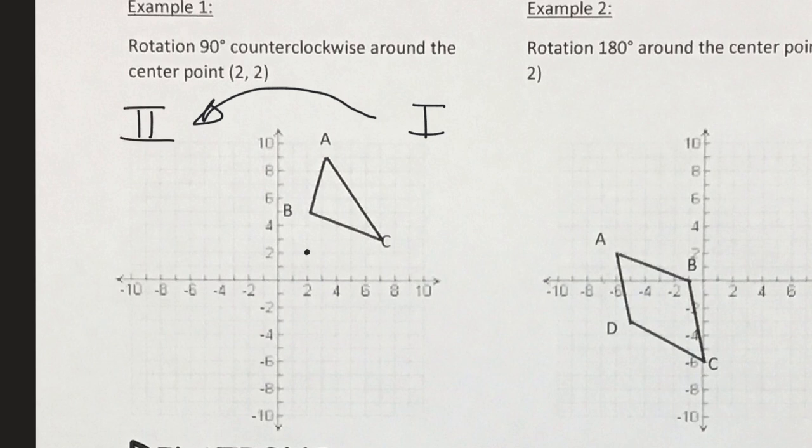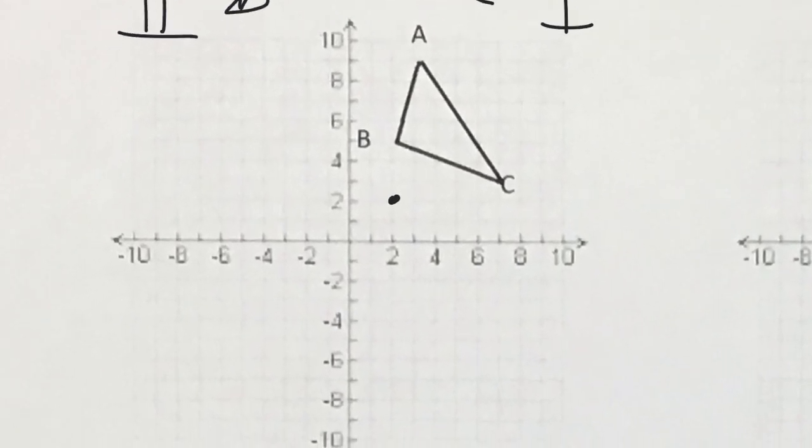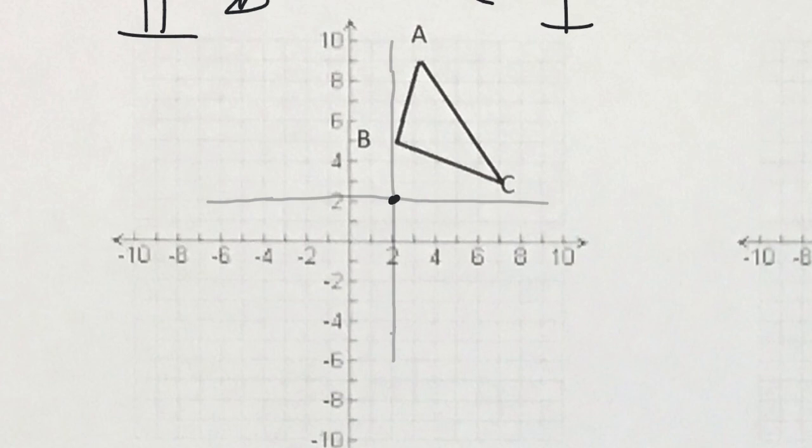So this is like our origin. So we're going to draw in some new fake axes. Okay, so this is your new fake axis. If we're going to rotate around a point, let's draw in some axes, to make it as close to what we were doing a second ago as possible.